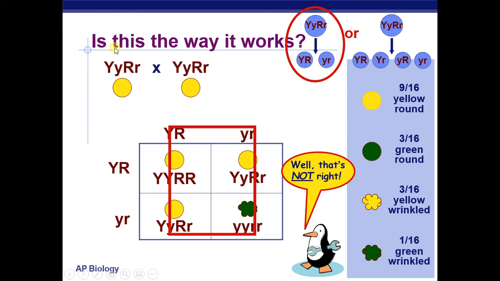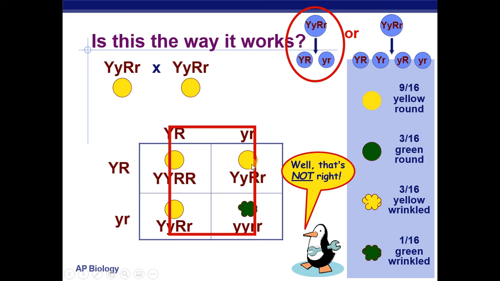So let's investigate. If this first option was the way that it worked, only the two dominant alleles went together and only the two recessive alleles went together, we could predict pretty easily, just using a simple Punnett square, the results. But that's not what was gotten.